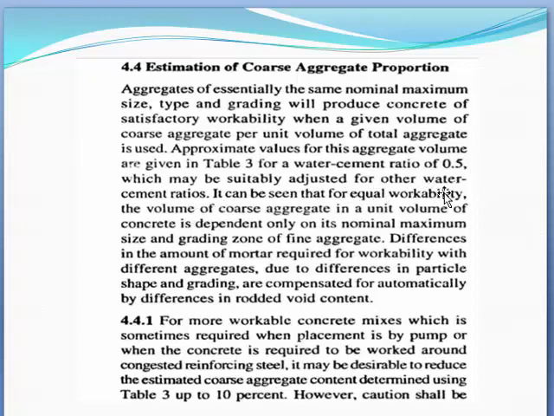Now student, this is the point which I am referring to in my design procedure. The table 3 values are for the water cement ratio 0.5, and they may be suitably adjusted for other water cement ratios. Now how is this adjustment to be made?